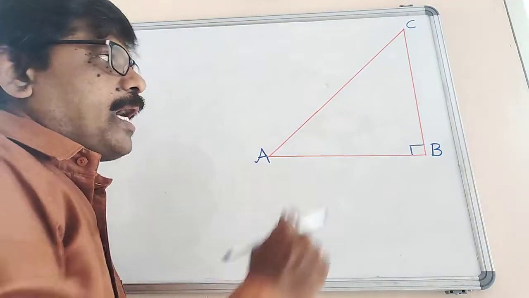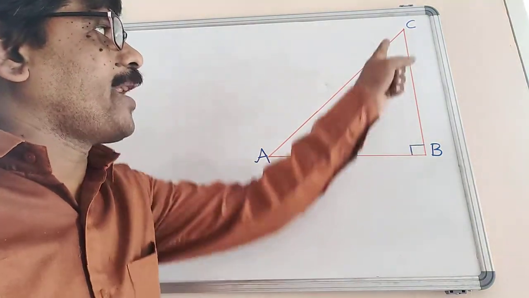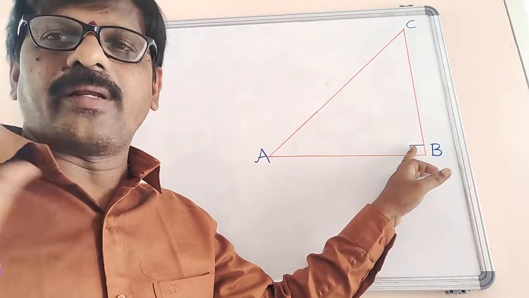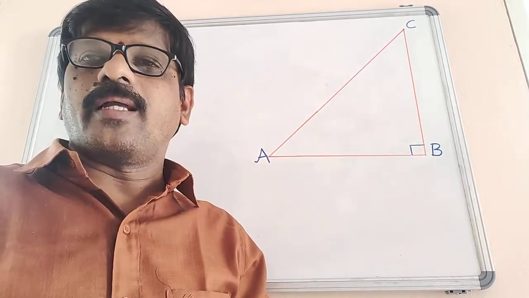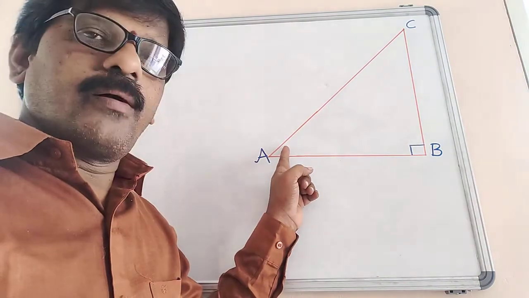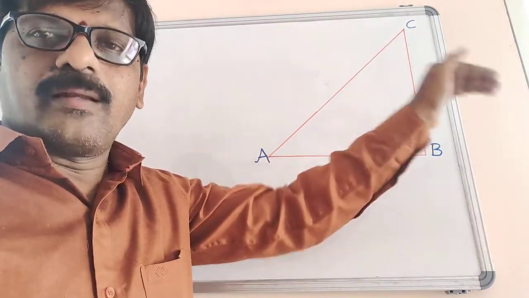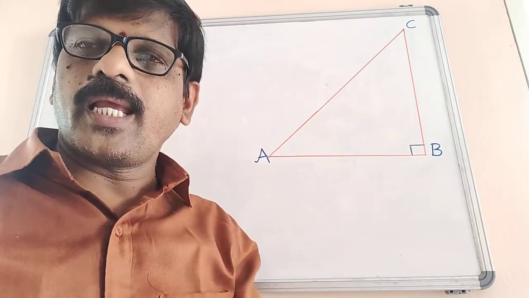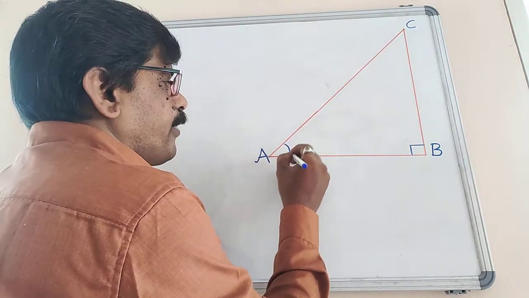We have to observe that the given triangle is a right angle triangle. Angle B is exactly 90 degrees. But we have to find which angle is 45 degrees, either A or C. Let A be 45 degrees.